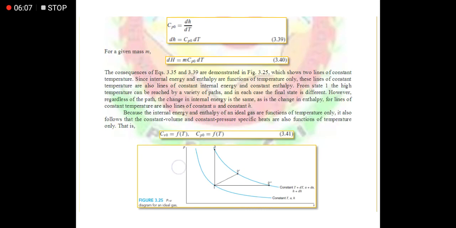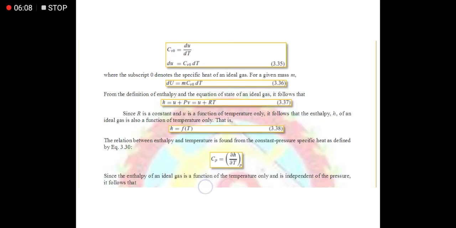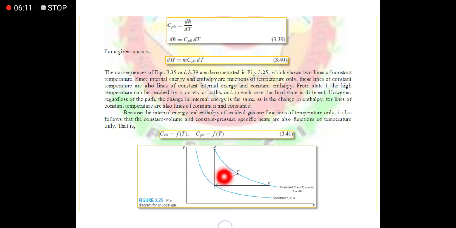So yun. As you can see here itong graph niya, no?